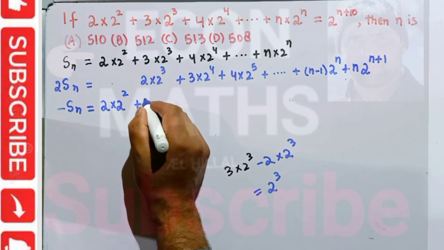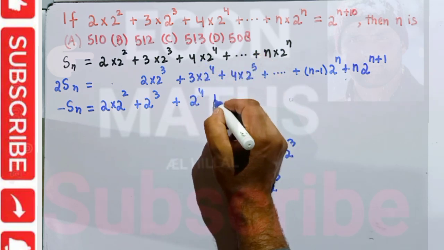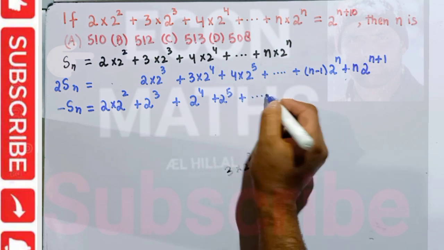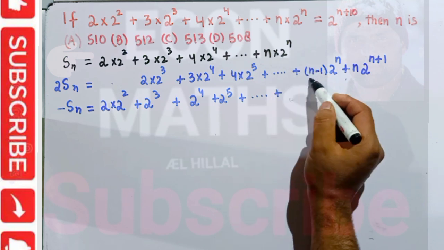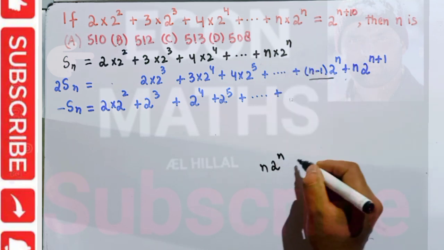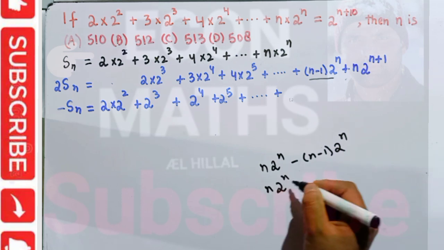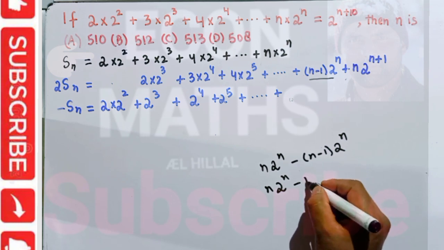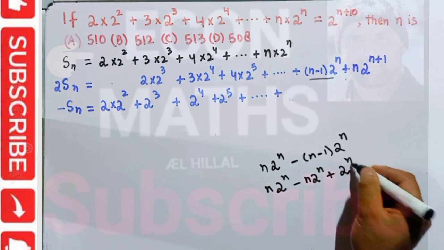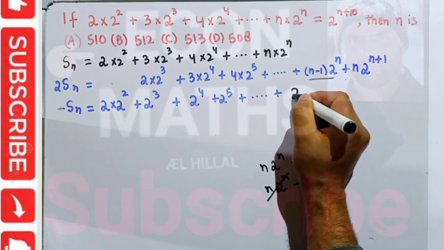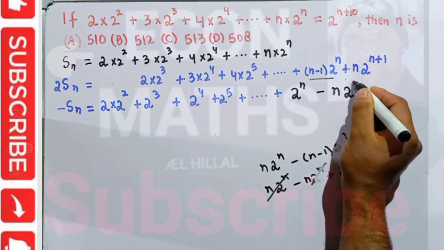Here we will get 2 cube, and by the same logic here we will get 2 raised power 4, and if we have another term here we will get 2 raised power 5 plus so on, plus then we need to subtract this term from this term, so we have n into 2 raised power n minus n minus 1 into 2 raised power n, so we have n into 2 raised power n, this will become minus n into 2 raised power n, minus into minus is plus, we will get 2 raised power n only, so this gets cancelled, we get here only 2 raised power n, so we have 2 raised power n minus this last term, that is n into 2 raised power n plus 1.